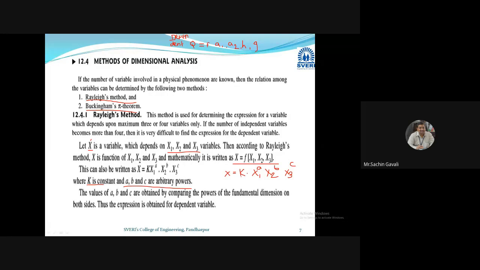Those powers we have to calculate with the help of dimensional analysis. Everybody got this? If x is a dependent variable which depends on three variables, let us consider x1, x2 and x3, then according to Rayleigh we can write x is a function of x1, x2 and x3, or x is equal to k into x1 raised to a, x2 raised to b, x3 raised to c. Understood?